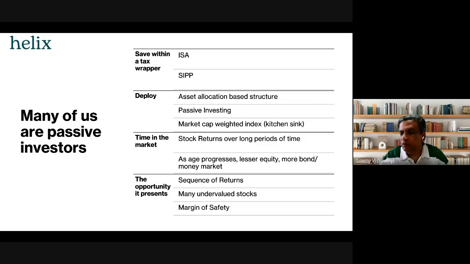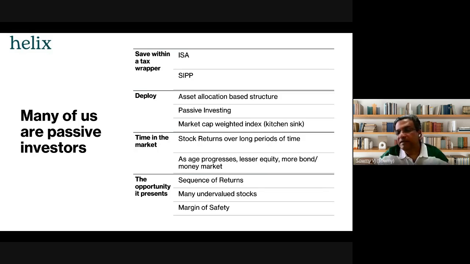And as age progresses, asset allocation changes. You go lesser on equity, more on bonds or money market. But we have to understand that all of this works well in the investment phase, right? If you're in the younger age group and you're going to invest, you're never going to look at withdrawing money out of this one.